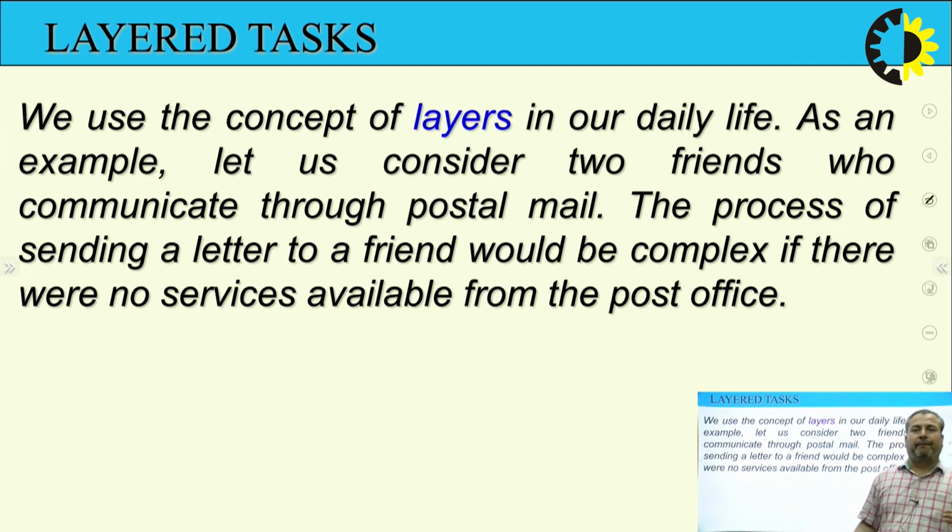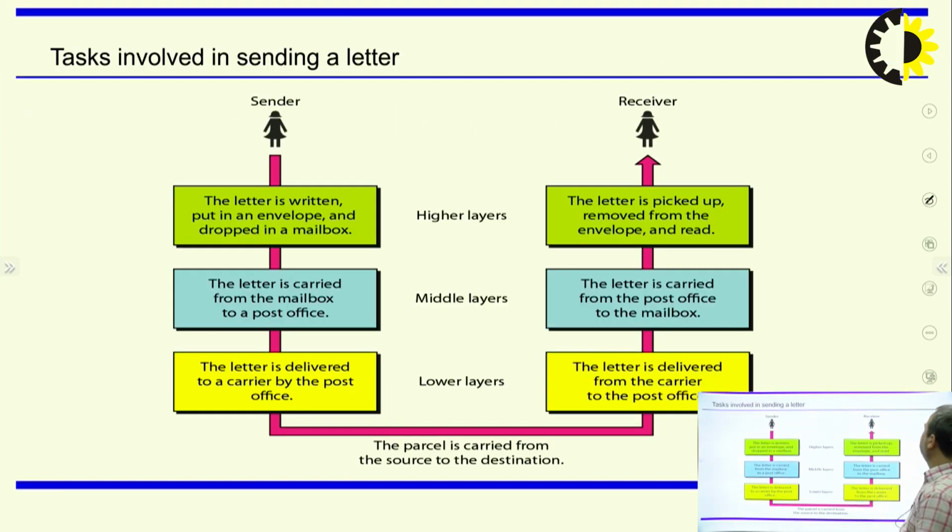If two friends want to communicate, someone is sitting in North India and someone in South India, how could they communicate? In the postal services, say this is the sender and the receiver. How can this communication be divided into different layers?